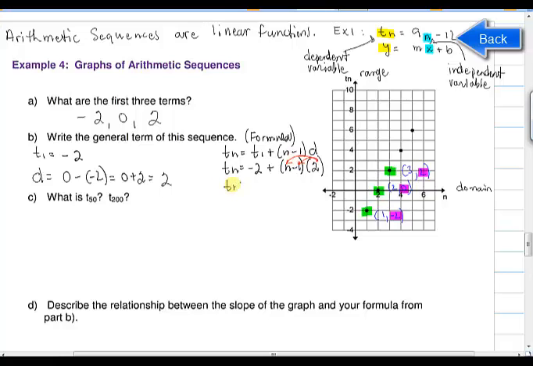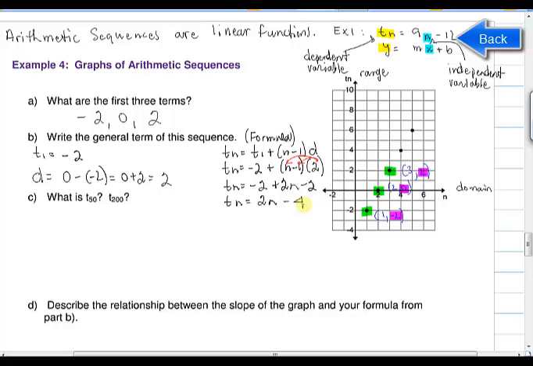And so we get t subscript n equals -2, 2 times n is 2n, and 2 times -1 is -2. Combine your like terms, -2 and -2, and you get that t subscript n equals 2n minus 4. So there's your general term.